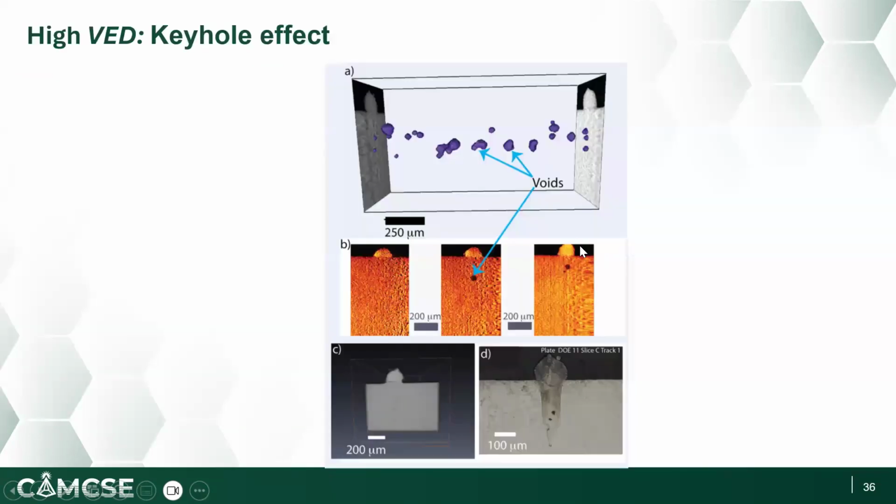If you use 3D computed tomography, CT, to image those keyholes, you'll see that they are often highly spherical, in a size range of 5 to 50 microns.